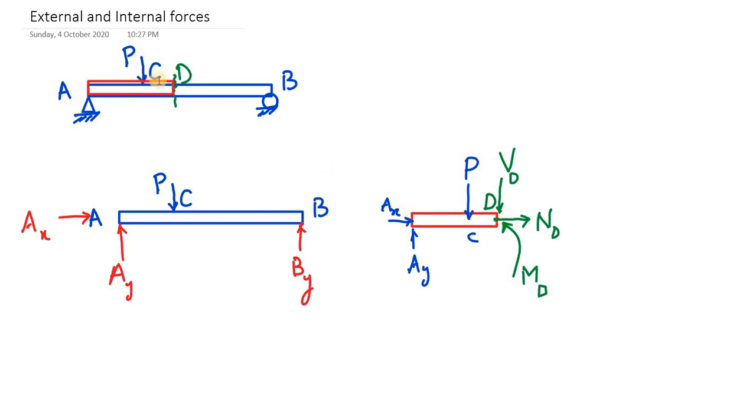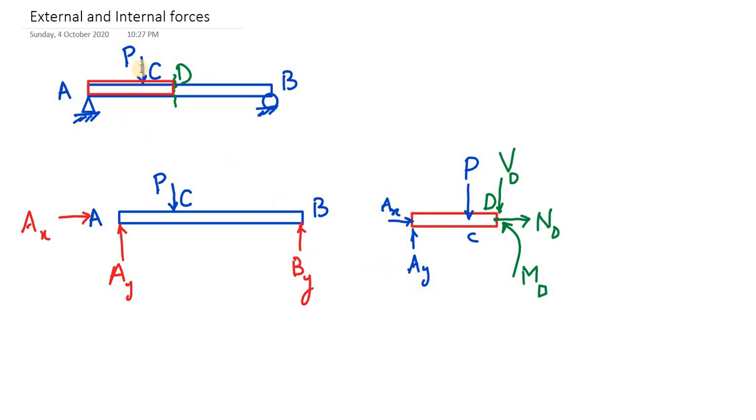The actual beam doesn't consist of any segments. We are considering one part to the left of D and the other to the right of D. If you don't believe that these forces exist, then look: this left segment is not moving up or down. It means the sum of all forces acting on it in the vertical direction must be zero.